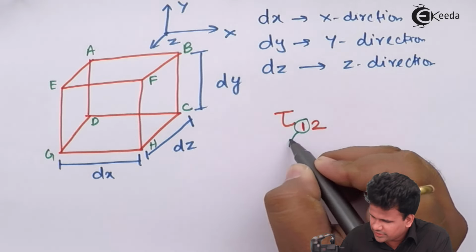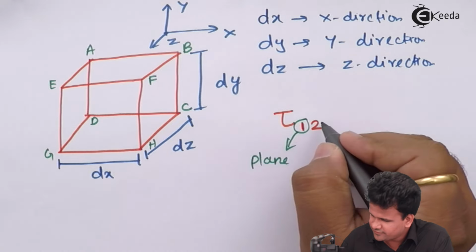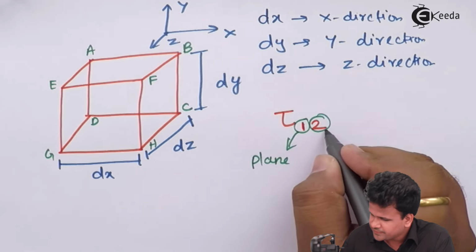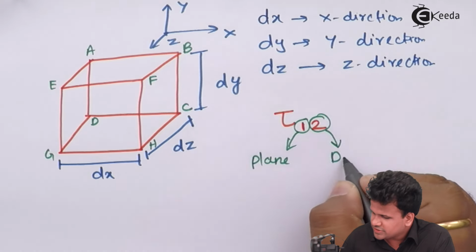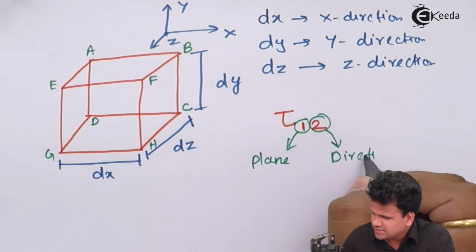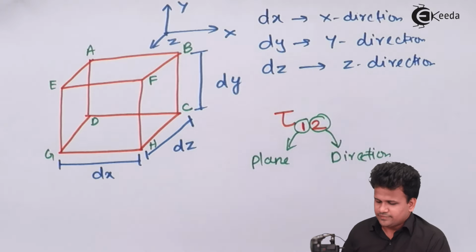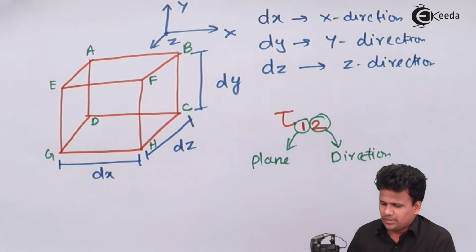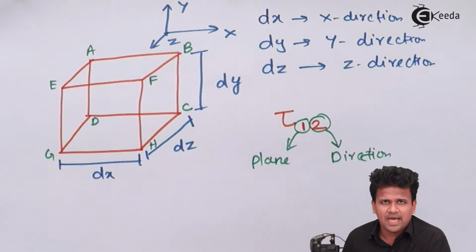Subscript 1 will denote the plane in which the stress is acting, and 2 will denote the direction in the plane. So since it is a tensor quantity, not only does it require a magnitude and direction, it also requires the plane in which it is acting.